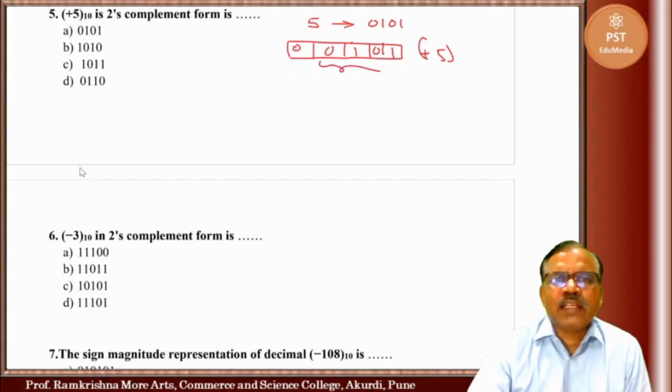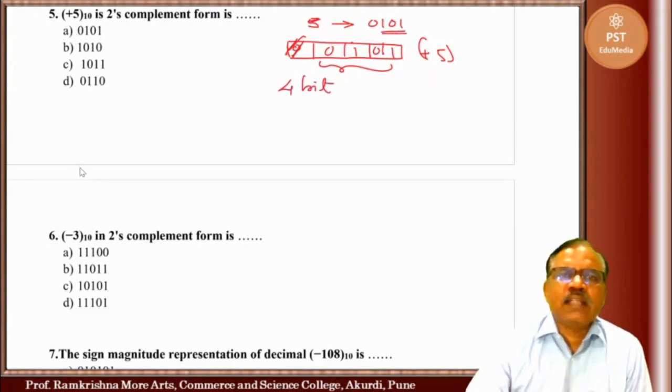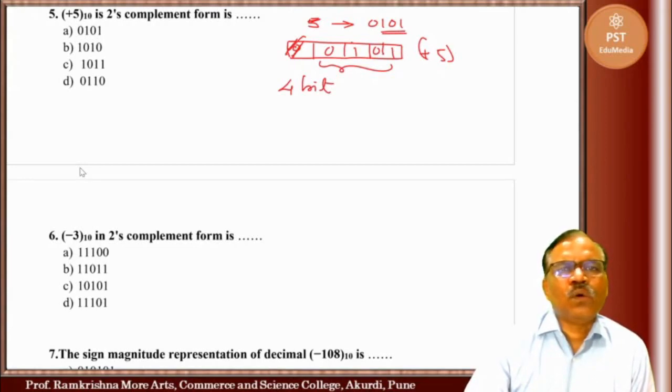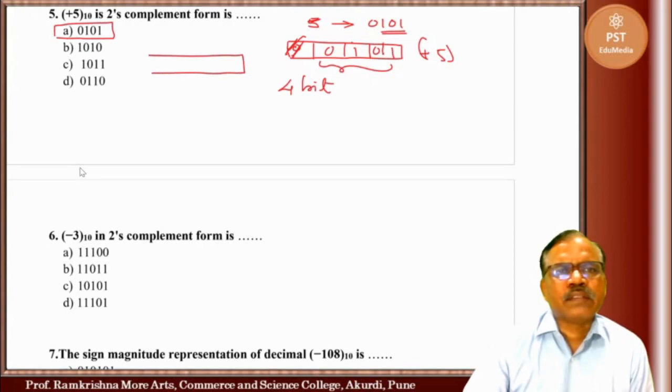You can also take 0, 1, 0, 1, a 4-bit register, because only 1, 0, 1 is required. This bit is for sign, and 1, 2, 3 are for the number. So 0, 1, 0, 1. This is this one.